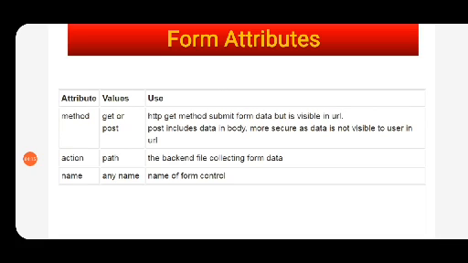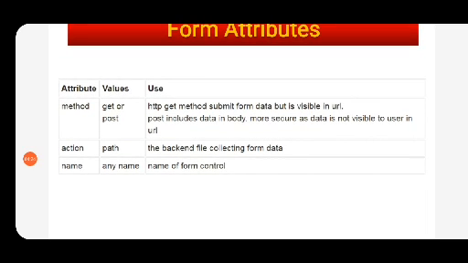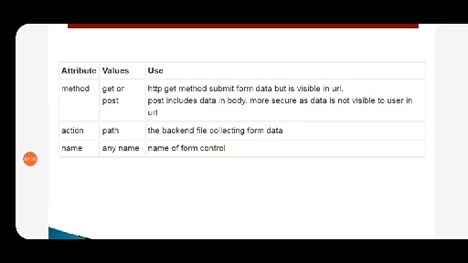Then action will have the path as its value. Path means the address of the server. Basically we use an email address so that we can collect the data as a backend file. And then we have name, which is the name of the form control. It could be anything.